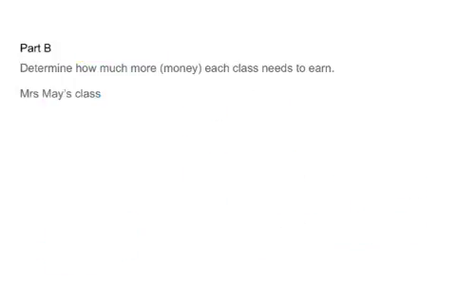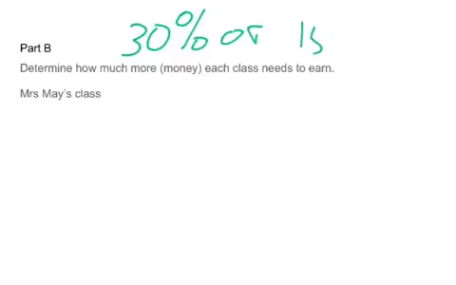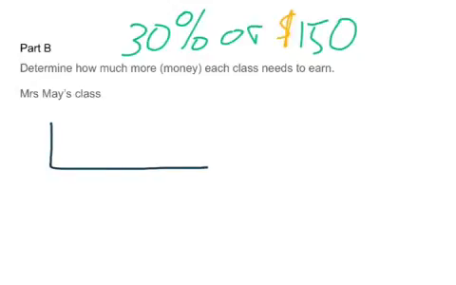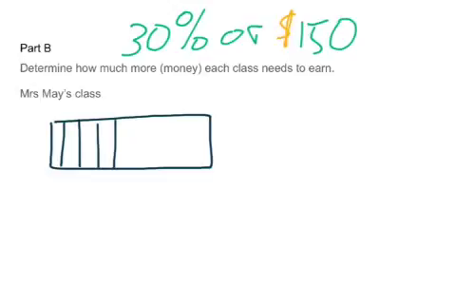All right. The other part of Part B was Mrs. May's class. This one was a little tricky because it said 30%, or $150, of their goal. So I'm going to use the model again to explain this one. 30% is 3/10, so we need 10 sections.